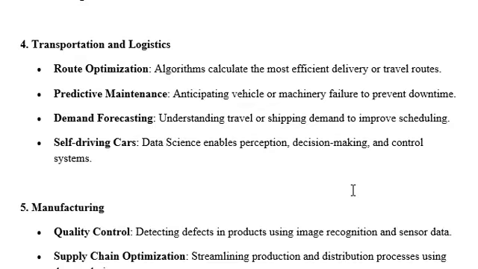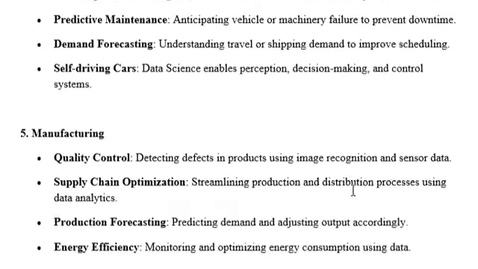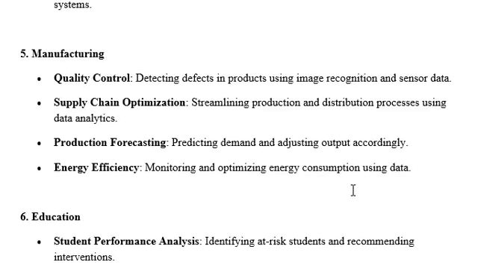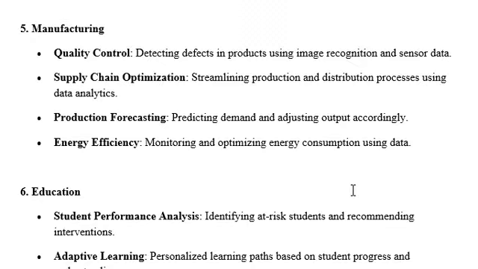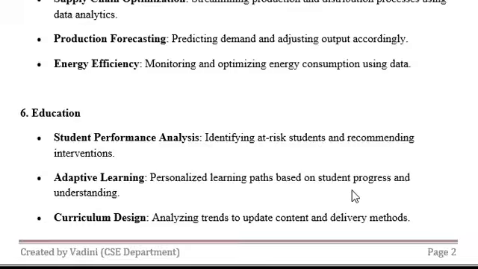The fourth one is transportation and logistics, where route optimization, predictive maintenance, demand forecasting, and self-driving cars are used. Then we have manufacturing, where quality control, supply chain optimization, product forecasting, and energy efficiency are used.